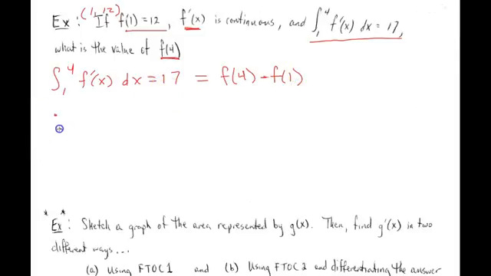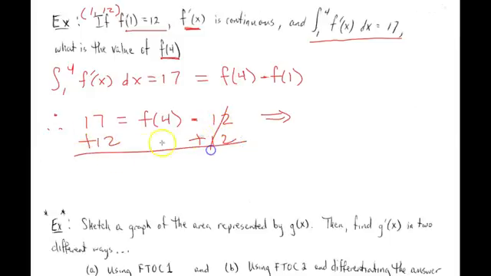And so now, in knowing that, we say 17 is equal to f of 4 minus f of 1, which is 12. And so, of course, from there, if we add 12 to both sides, we'll see here that in this case, and let me just erase that since I'm going vertical here, that f of 4 would just be 29. Okay?